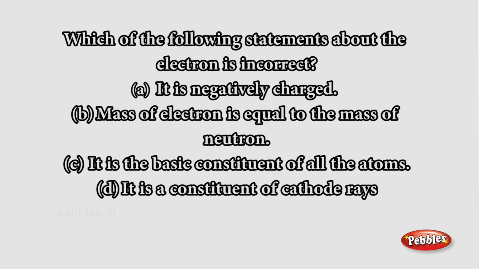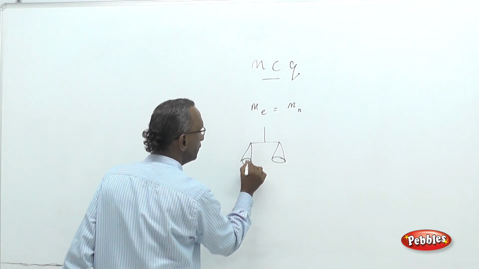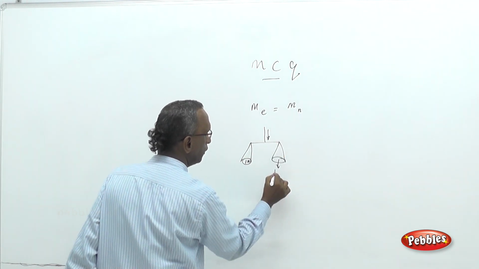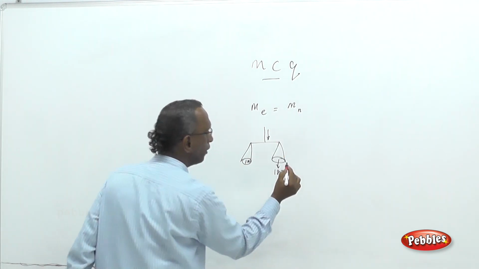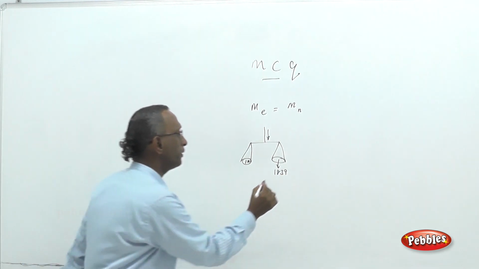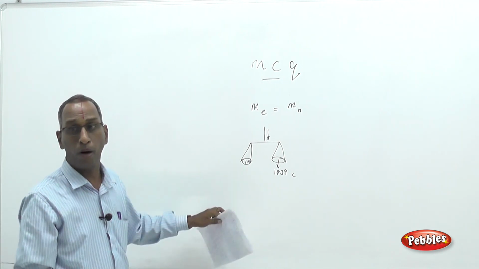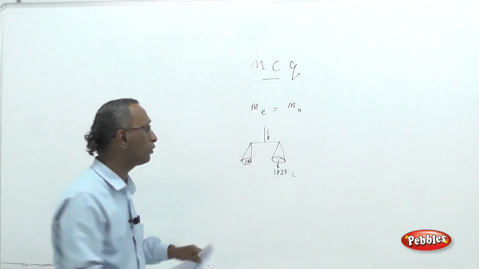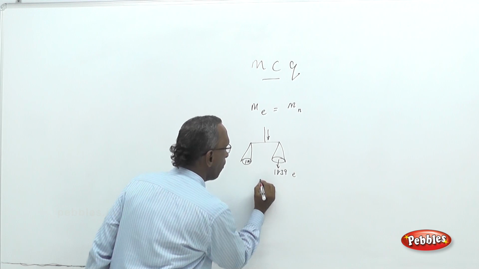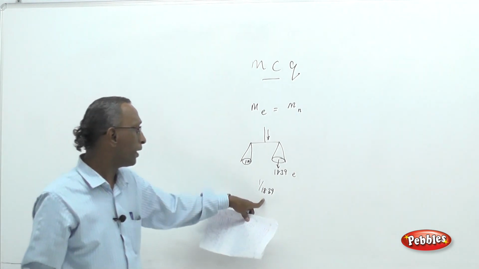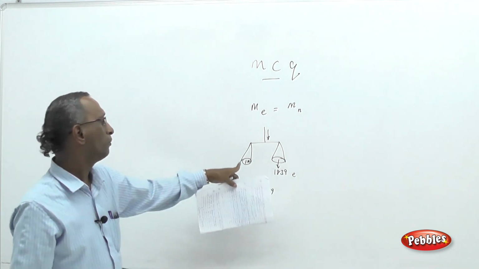But we have studied that if you put one neutron in one pan, in order to have null deflection, you have to put roughly 1839 electrons. So one electron is only 1 by 1839th of a neutron.